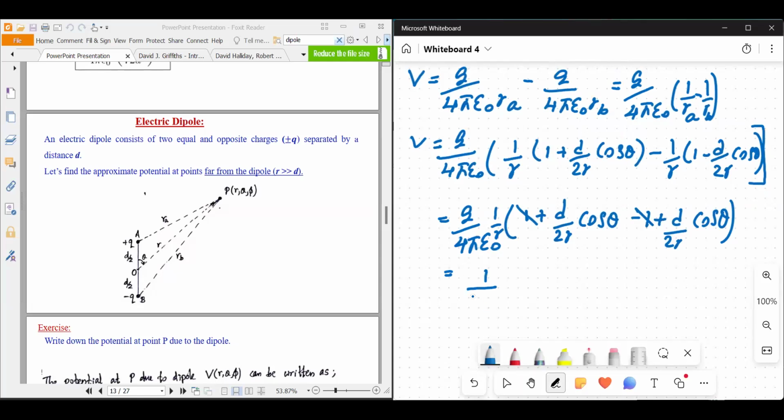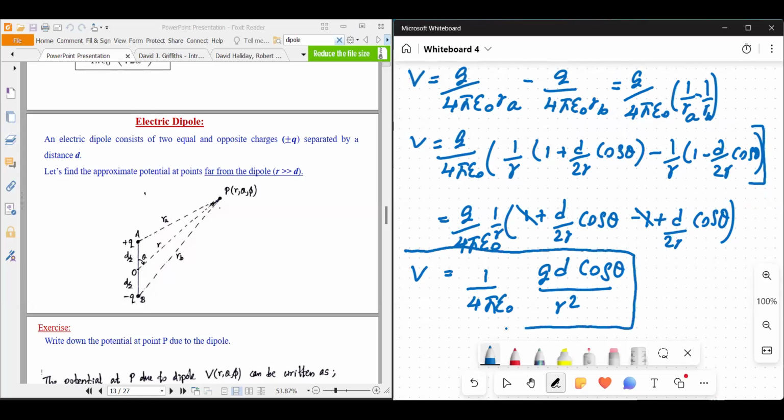Now here we have 1 over 4 pi epsilon naught, q d cos theta over r squared. So this is the potential at a point that is far from the dipole.